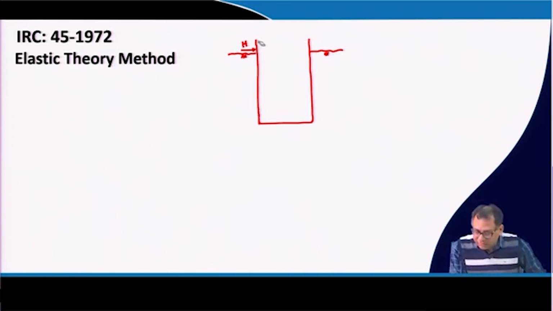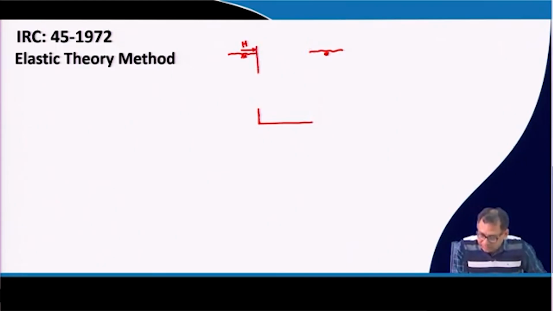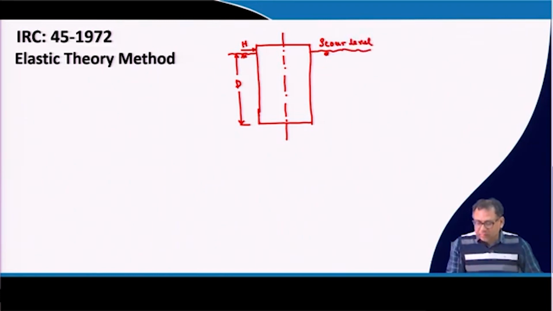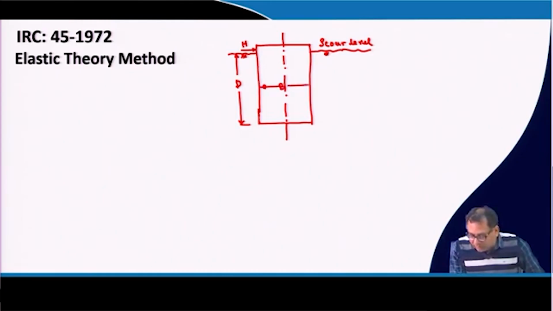So, H is acting here. This is the well and this is the center line, and the total length below the scour level is the grip length. This is the width of the well for rectangular cross section.